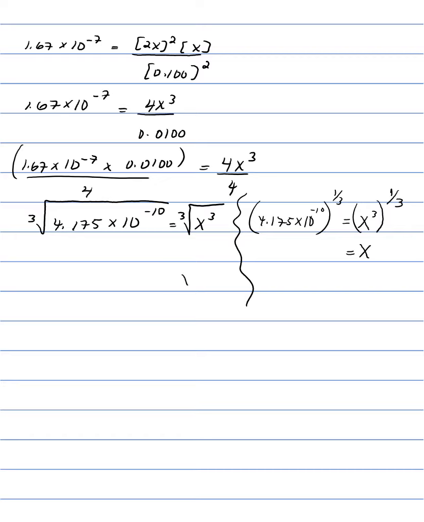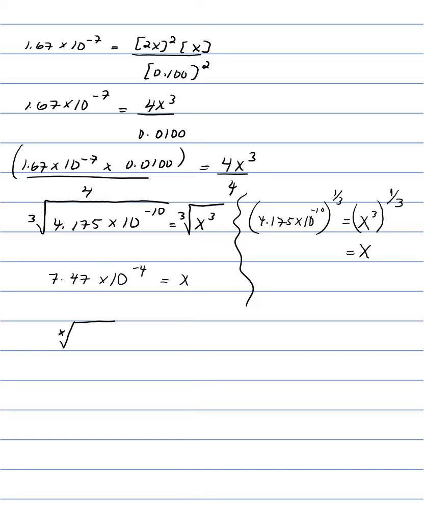So I'm getting x equals 7.47 times 10 to the minus 4. Now, to find out how to get the cubic root, check your calculator. It's probably a second function, and it will look like this with an x.